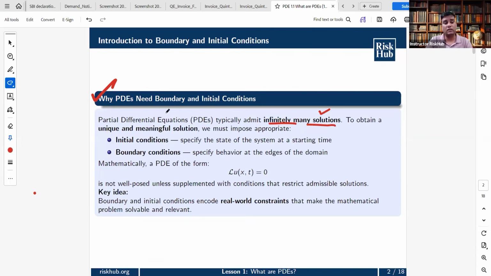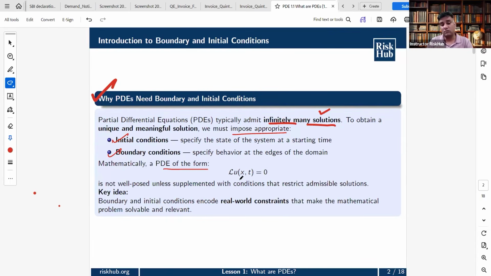To obtain a unique and meaningful solution, we must impose appropriate initial conditions and boundary conditions. Initial conditions specify the state of the system at the starting time. Boundary conditions specify behavior at the edge of the domain, which I told you, right?